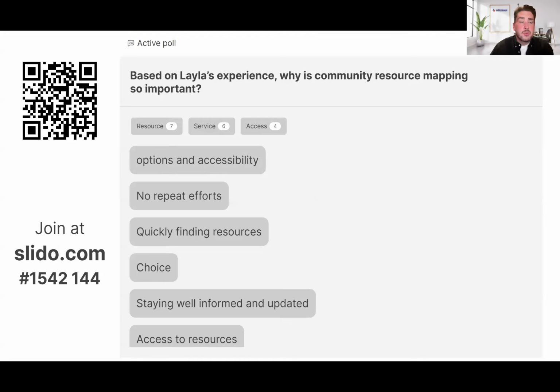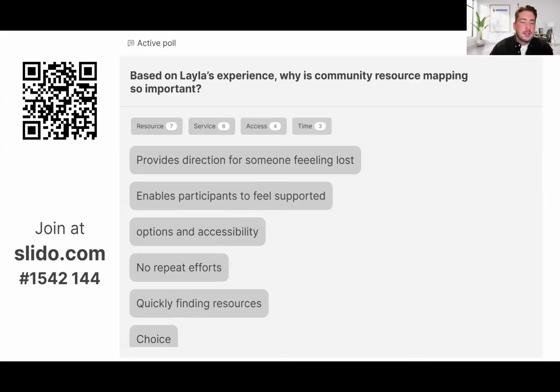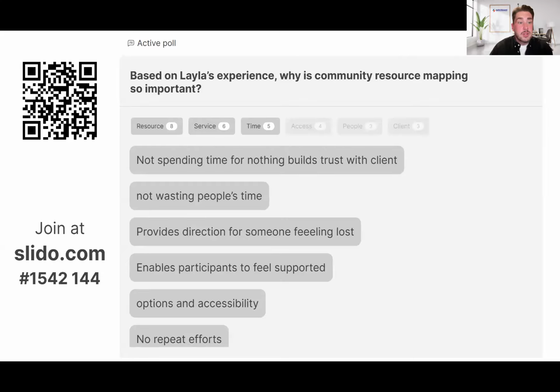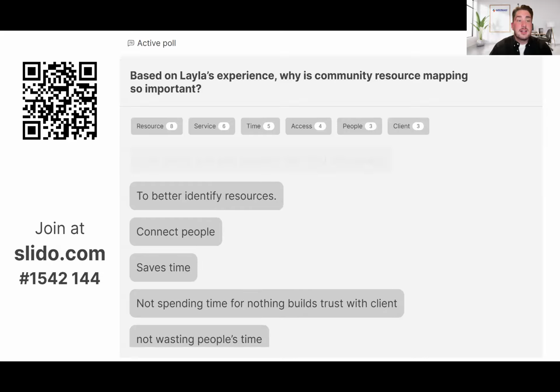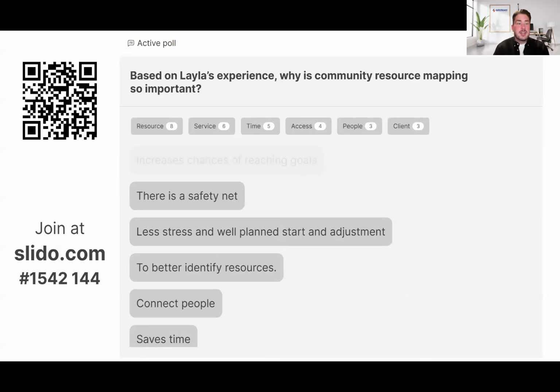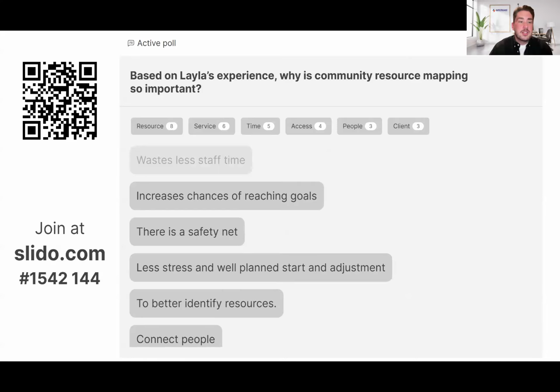Yeah, no repeat efforts. So reducing that duplication of services, right? Yeah, providing more options and greater accessibility for newcomers. Yeah, I like the response that it connects people, connects providers to make sure that there's that safety net. Waste less of staff time.